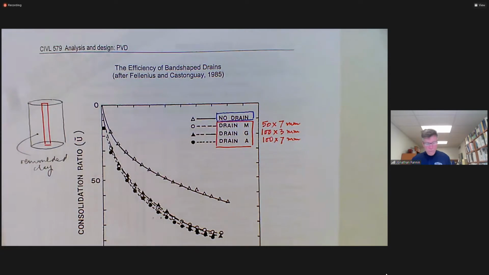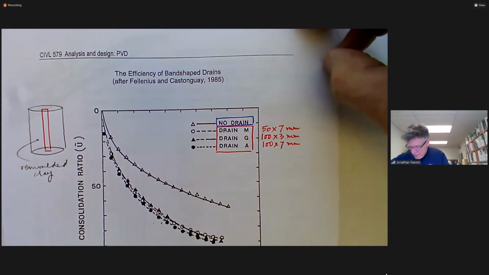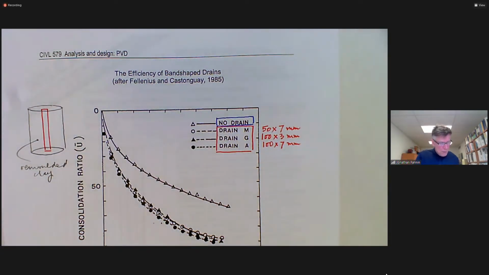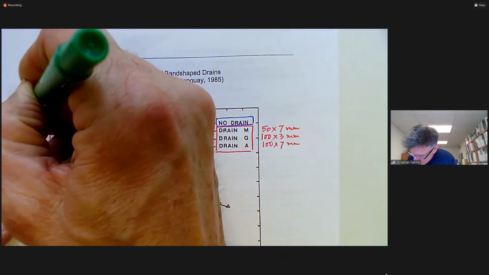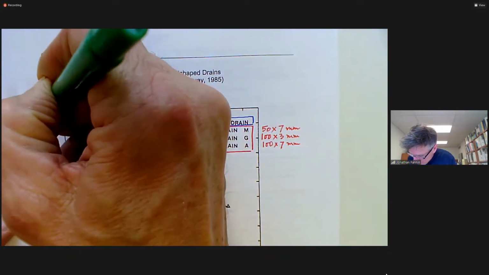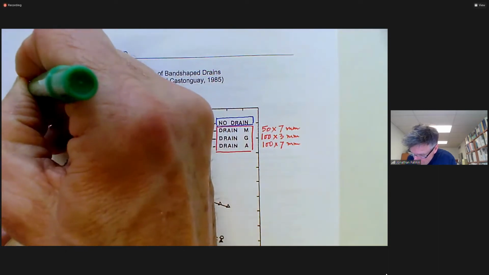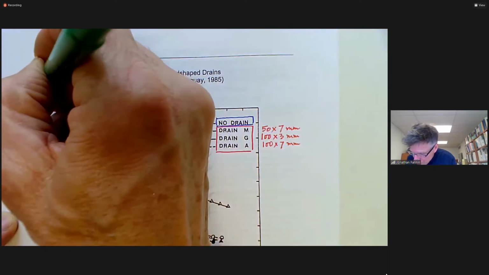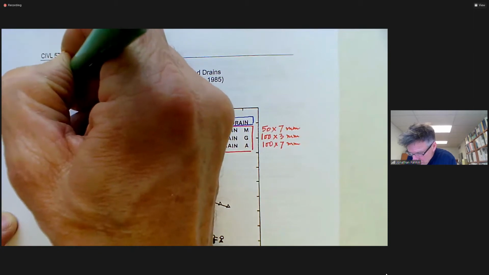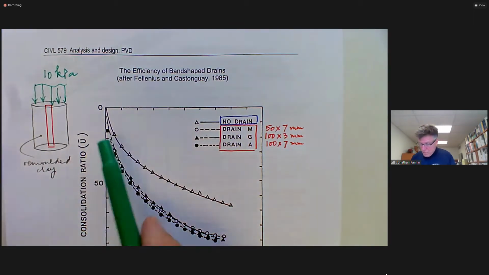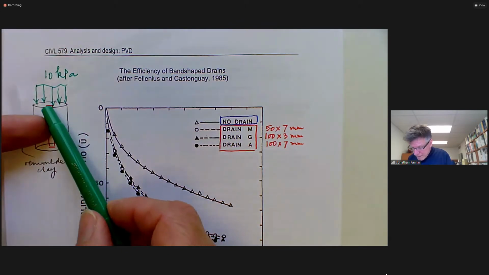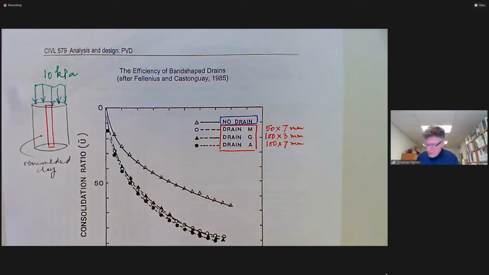And then to facilitate consolidation, a surcharge load was applied. That surcharge load was relatively light at 10 kPa. But that caused consolidation radially and out of the drain.